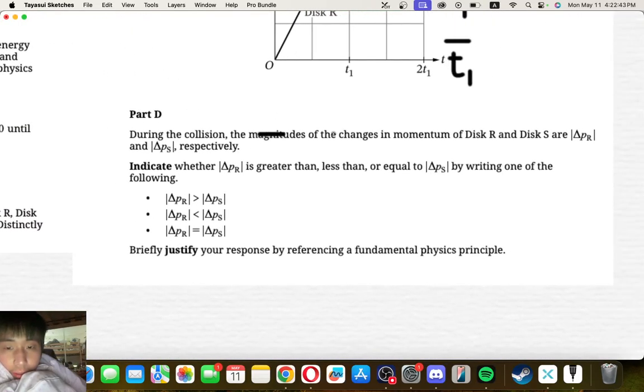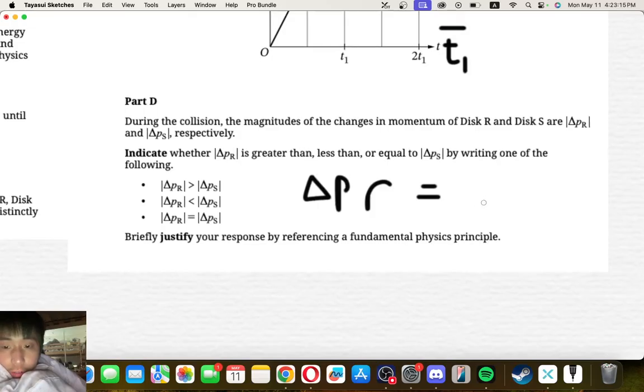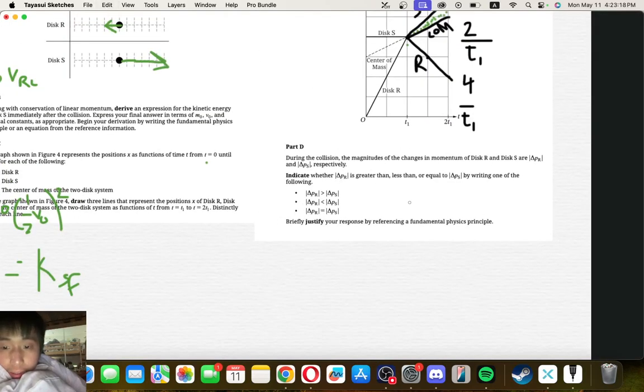Okay, during the collision, the magnitudes of changes in momentum R and S are represented by that. Indicate whether change in PR is greater or less than change in PS by referencing a fundamental principle. Okay, let's think about it. Change in PR is equal to the change in velocity times the mass.